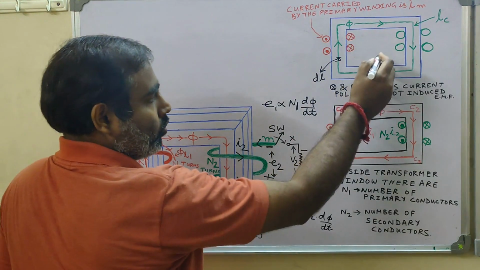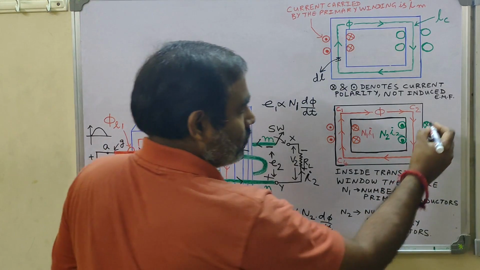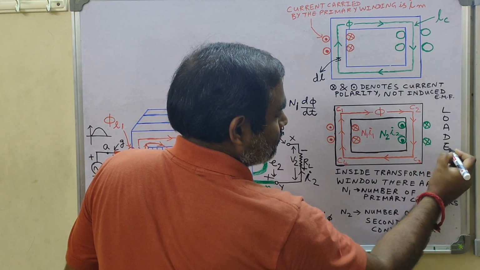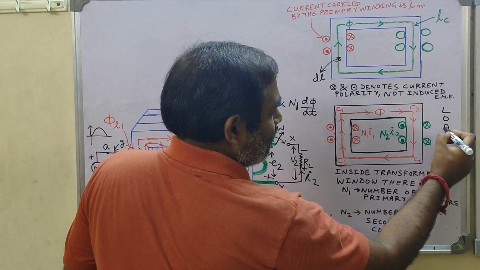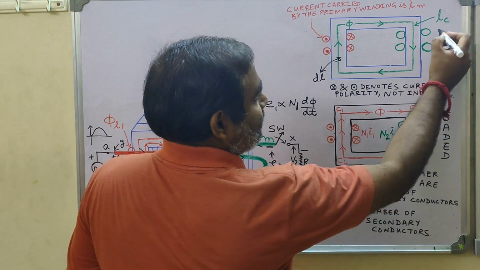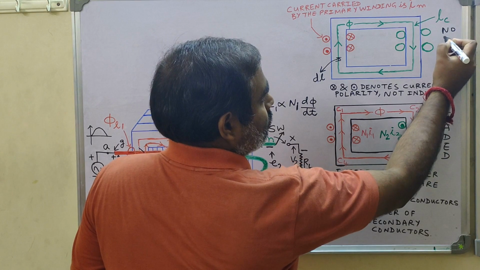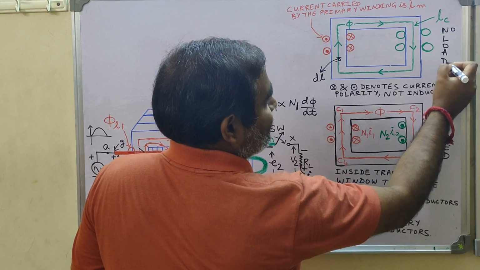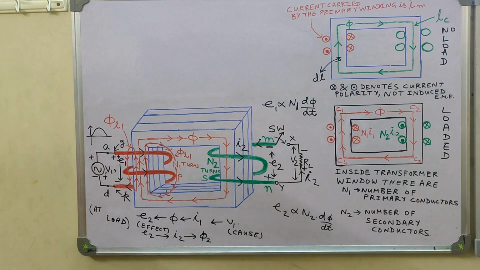So this particular diagram is for no load condition, and this diagram is for loaded condition. What can you make out from these two diagrams? What is the difference? It is very easy to spot.